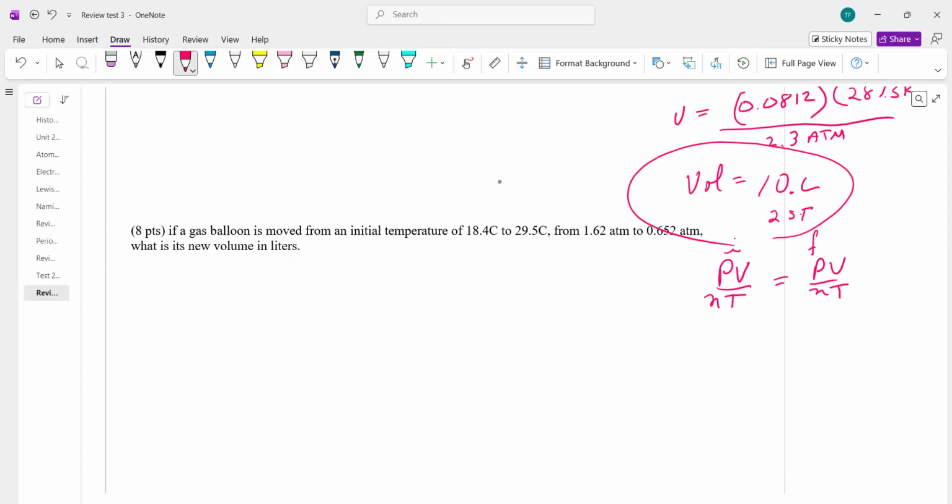We have initial conditions, final conditions. Okay, and did we add any gas or take away any gas? No. So N cancels. It's the same value. If we added gas, then we need to know how many moles we've added or taken out.